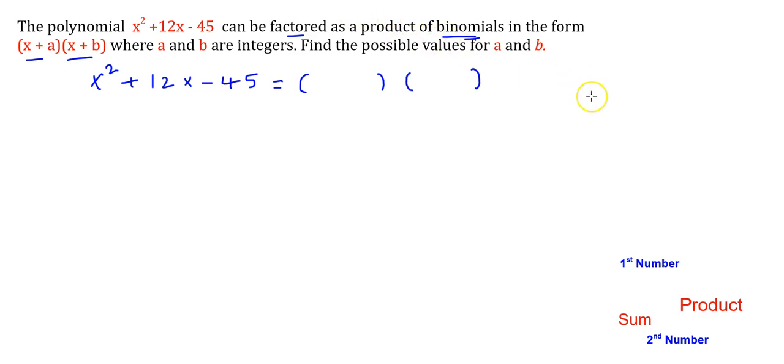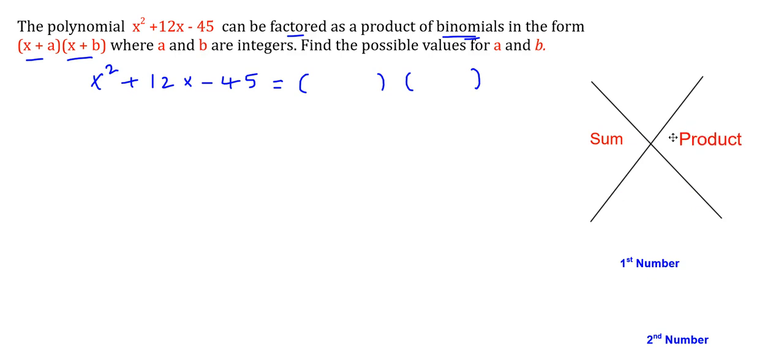So let us get it in the form of a puzzle where we have to fill in two numbers whose sum goes here, and the product on top.